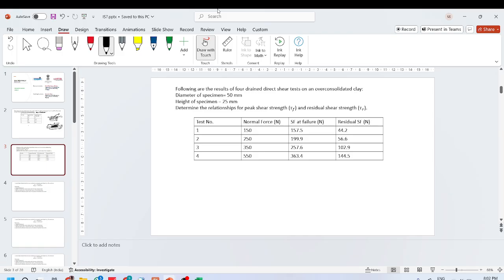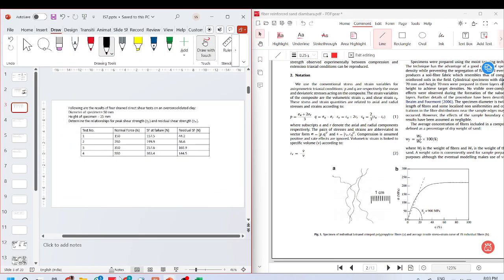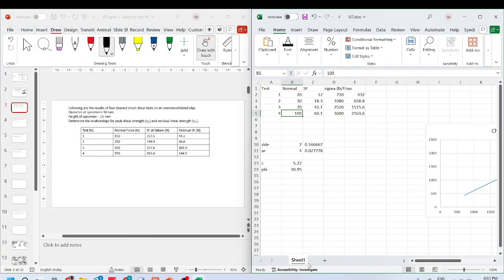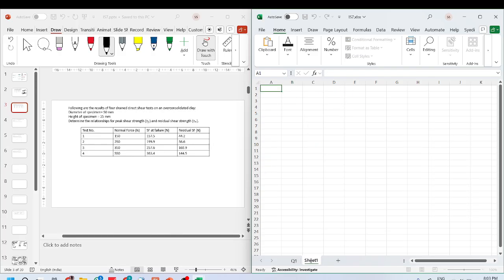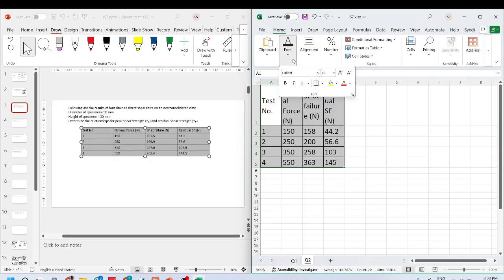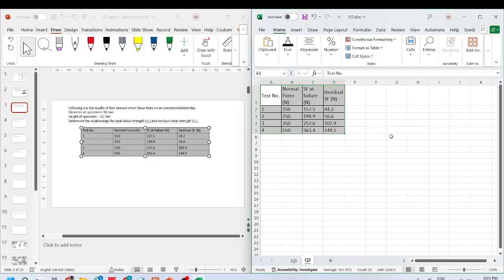Okay. So what we do here is, question two. Normal force, shear force.